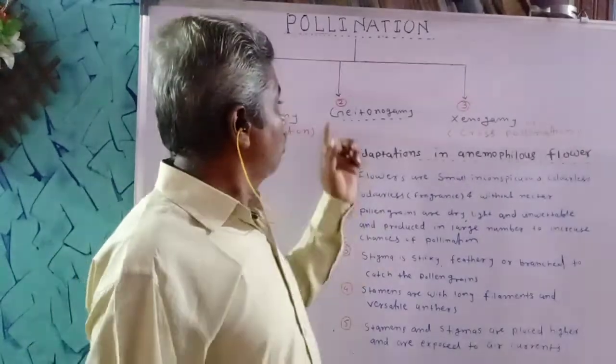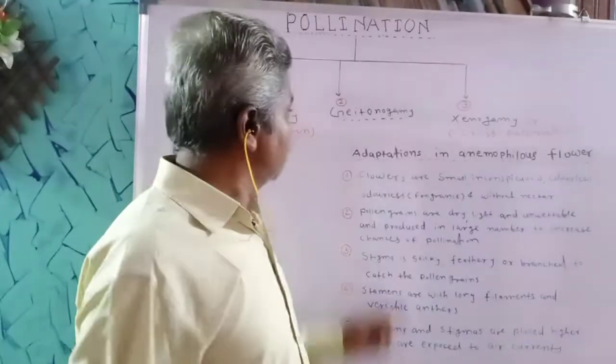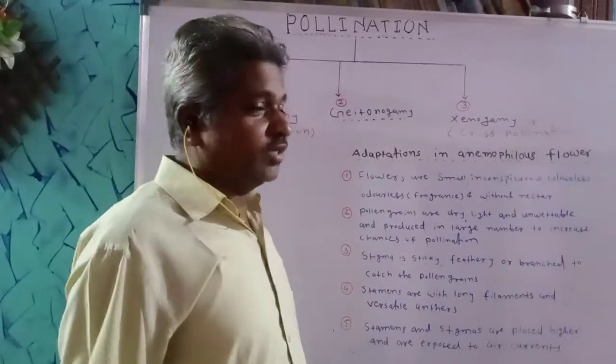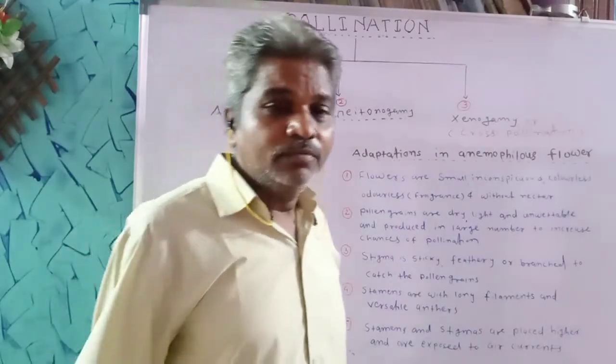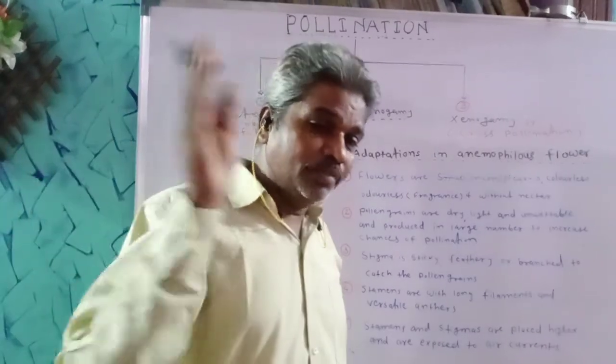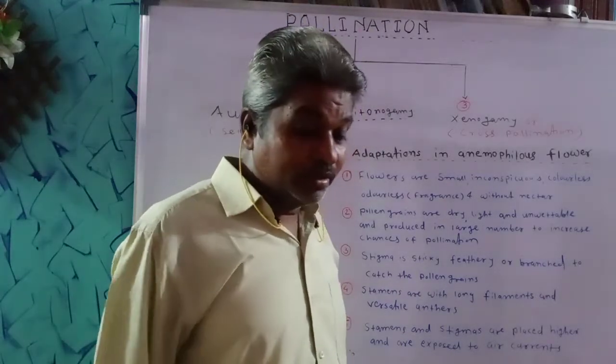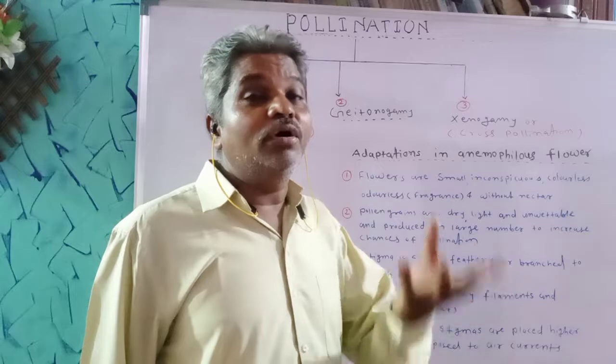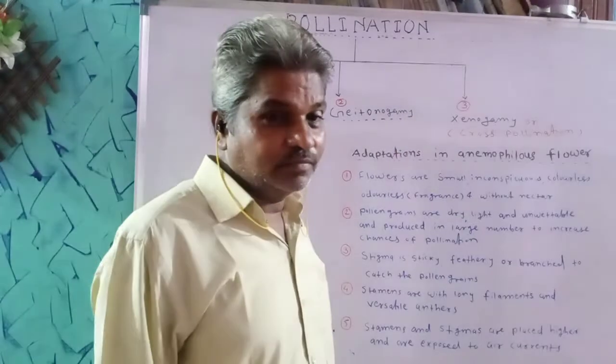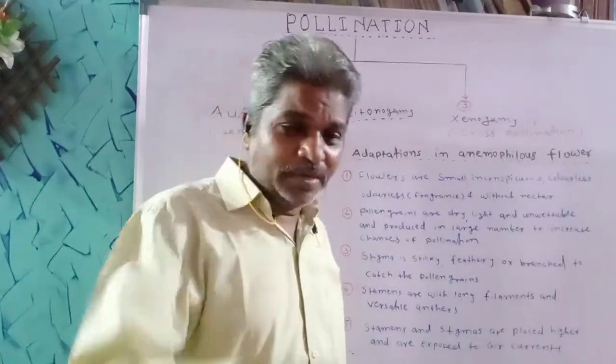Now, what is geitonogamy? Geitonogamy means the transfer of pollen grain from anther to the stigma of another flower situated on, or born on, the same plant. So it involves two flowers.